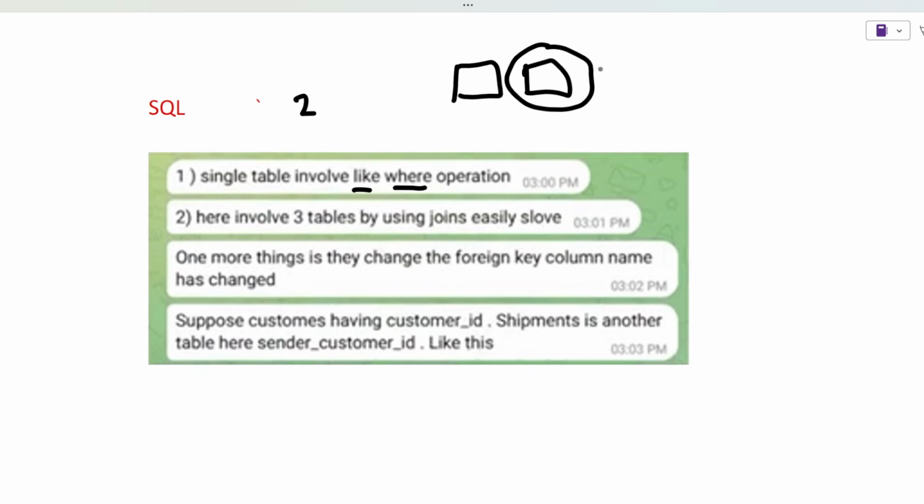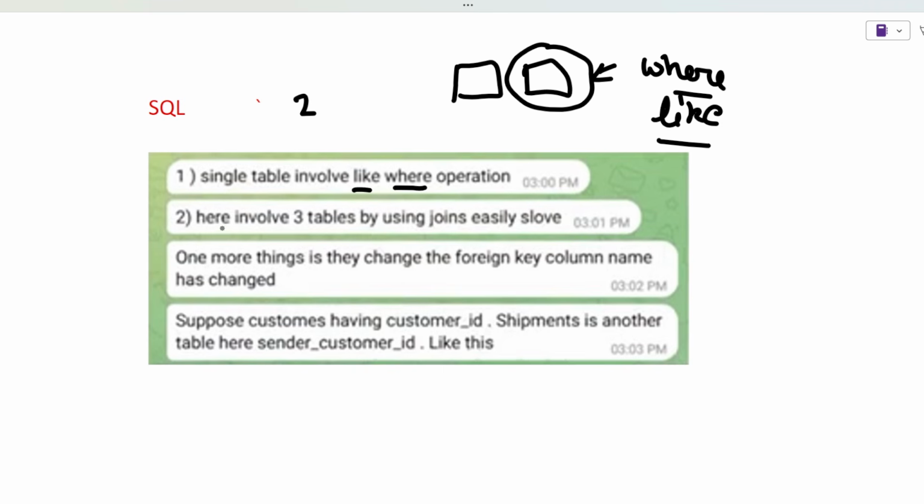In that single table, you just have to apply the where and like clauses. So: select star from table name, where condition, and where, let's suppose, column name like, and then you can use the like keyword. So this was the first question. If you remember, in the previous exam experience also, I told you that the first question was very easy and involved only a single table.